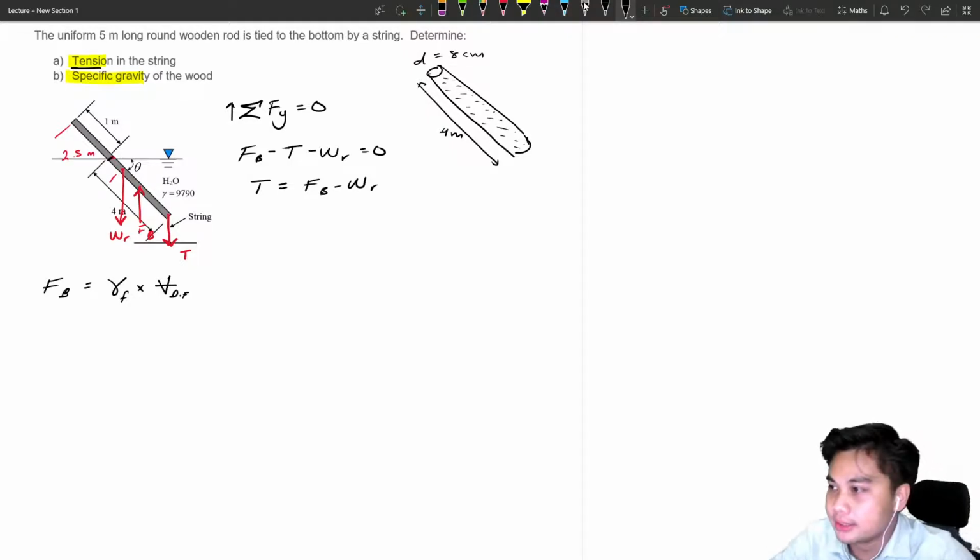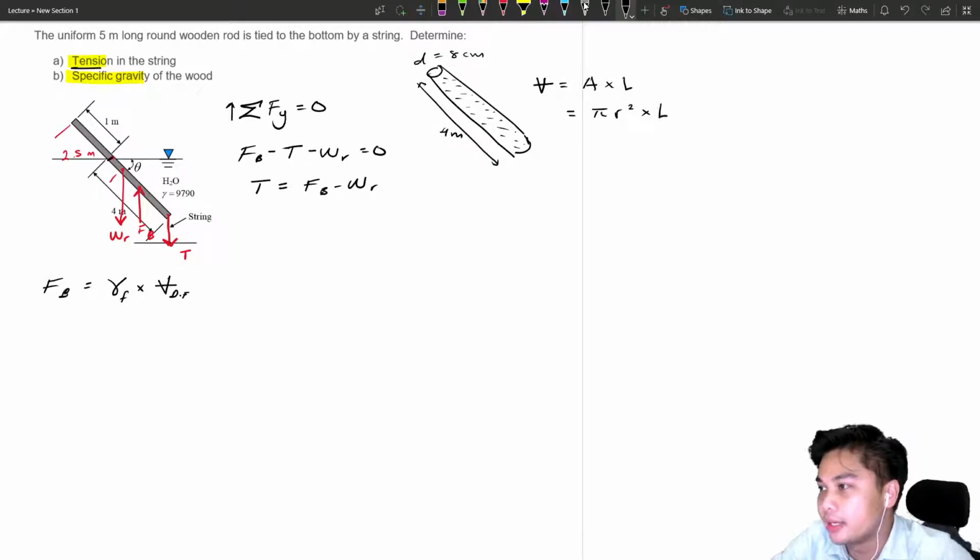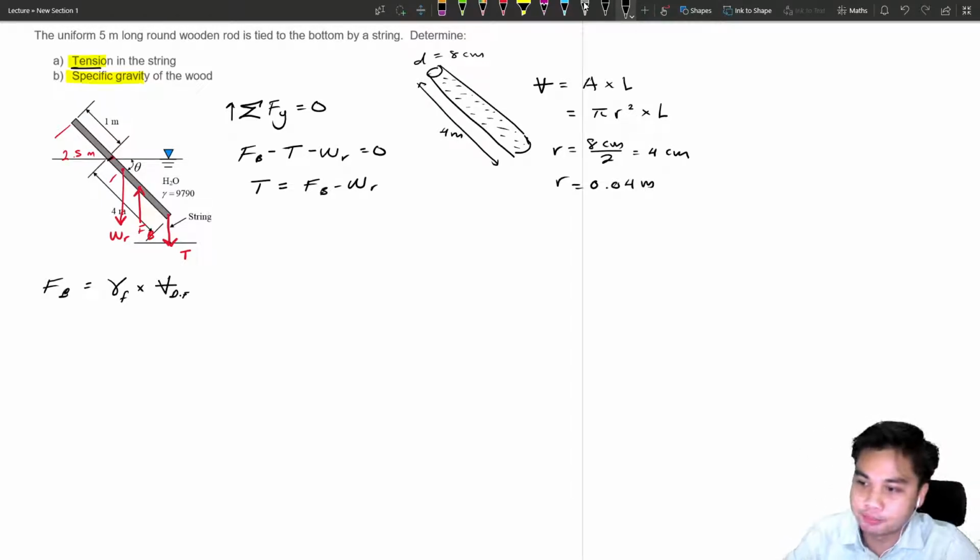Based on this, the volume of displaced fluid equals area multiplied by length. The area is pi r squared, multiplied by the length. The radius is 8 centimeters divided by 2, which is 4 centimeters. Convert into SI units, divide by 100, so 0.04 meter is the radius.